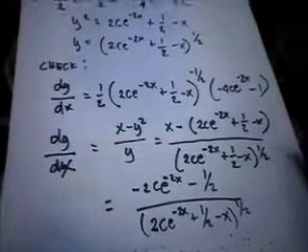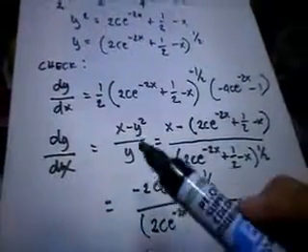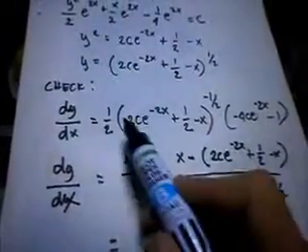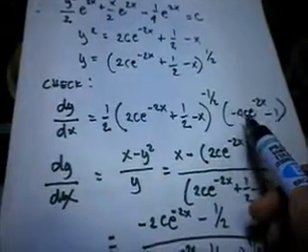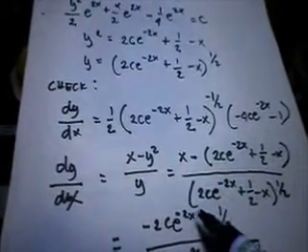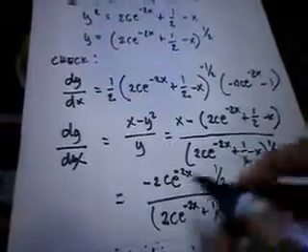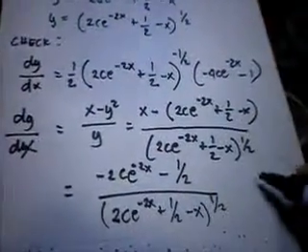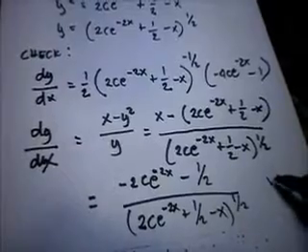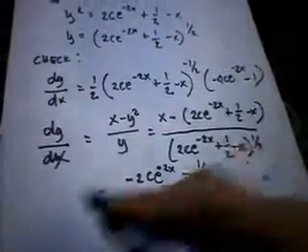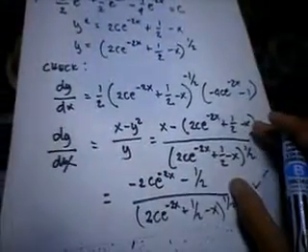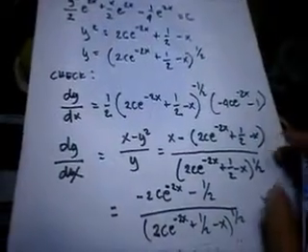And finally we have negative 2c e to the negative 2x minus 1/2 over 2c e to the negative 2x plus 1/2 minus x to the 1/2. So as you can see, our dy dx is equal. 1/2 times this one is this, right? So we can now conclude that our answer is correct because we form an identity. Both sides are equal, so we get the correct answer now.